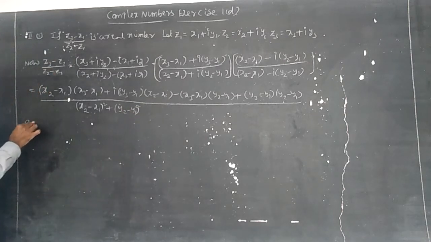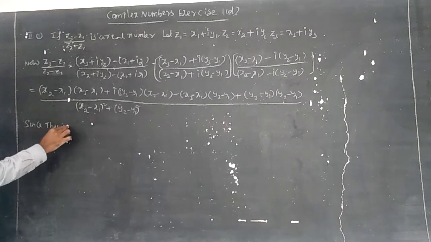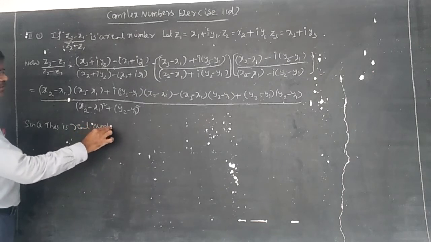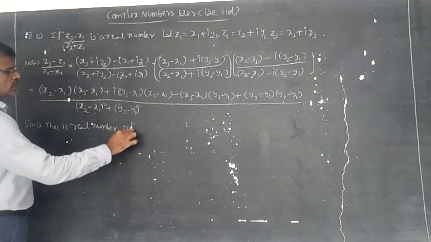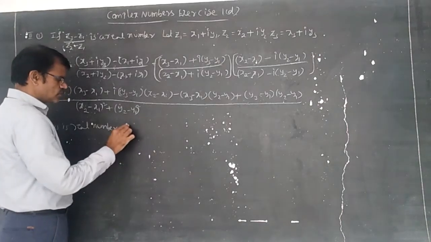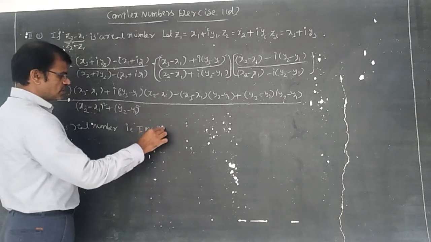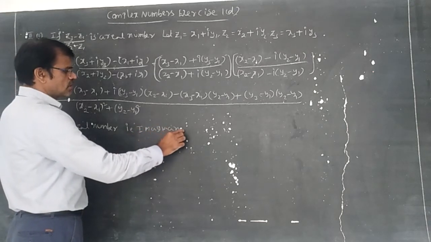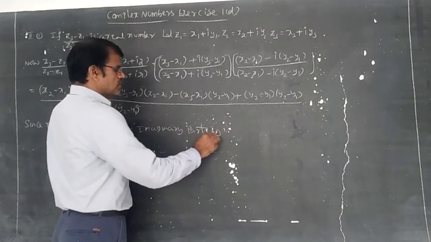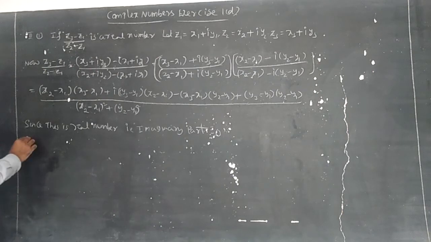Since this is a real number, it is only a real number, that is, it is not imaginary, meaning the imaginary part is equal to 0. So take only the imaginary part.